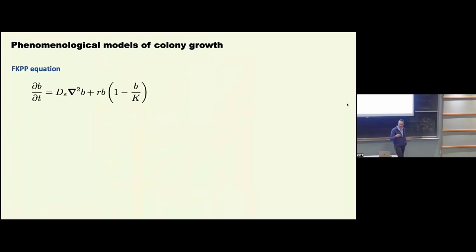The simplest phenomenological model of growth is the Fisher equation that people have introduced before. It combines regular diffusion of the biomass, B, which is bacterial biomass, and logistic growth, which captures exponential growth initially and then saturation at some carrying capacity.